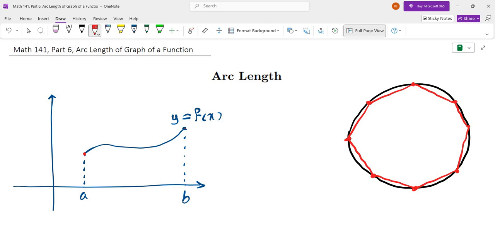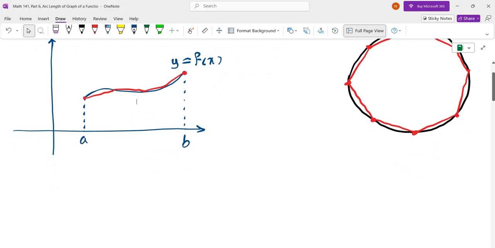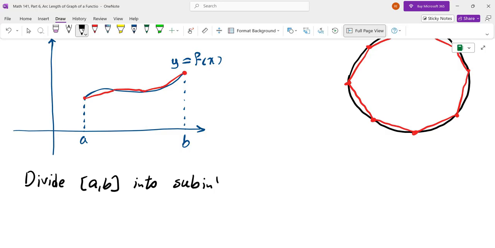And then you get better and better approximations for the circumference of a circle. So we can do the same thing here. We can divide this into smaller pieces and then add these up, and that gives us an approximation for the length. So we're going to start with dividing the interval [a, b] into sub-intervals.